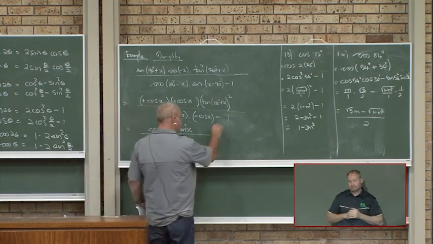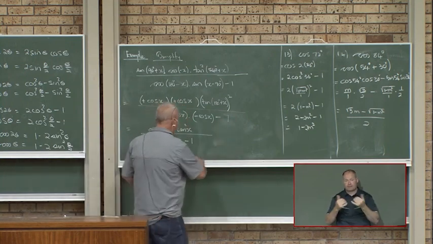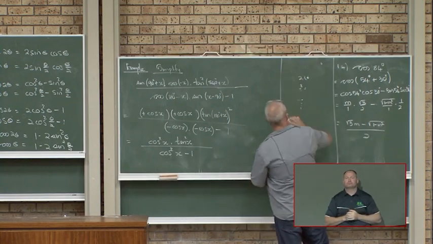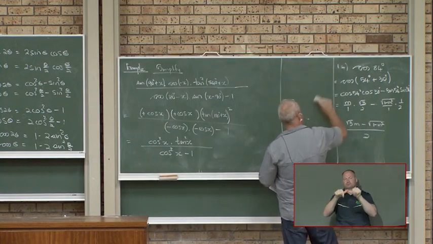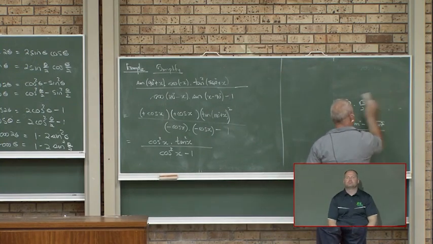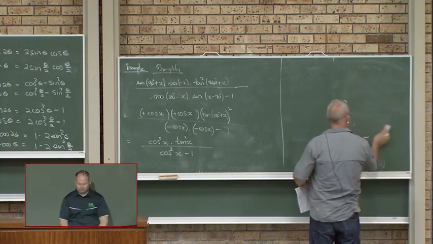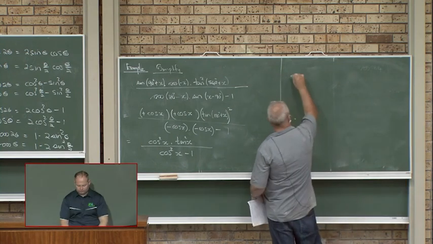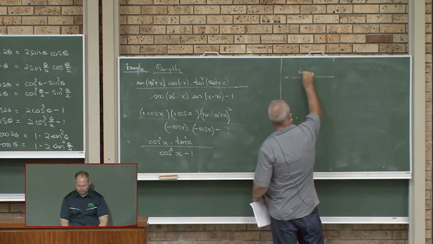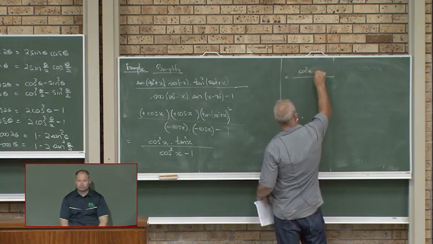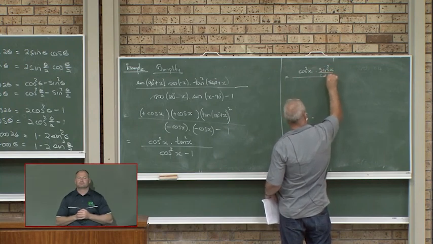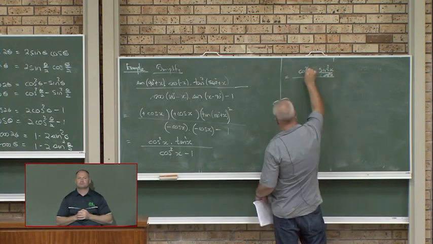Right, people, I'm just going to continue. This becomes the cos squared x times the tan squared x, which is sine squared x over cos squared x, that cancels out.